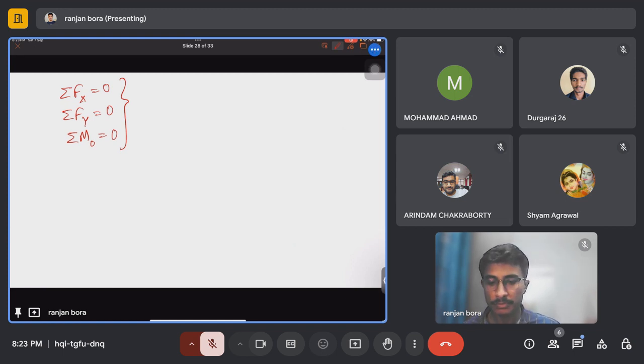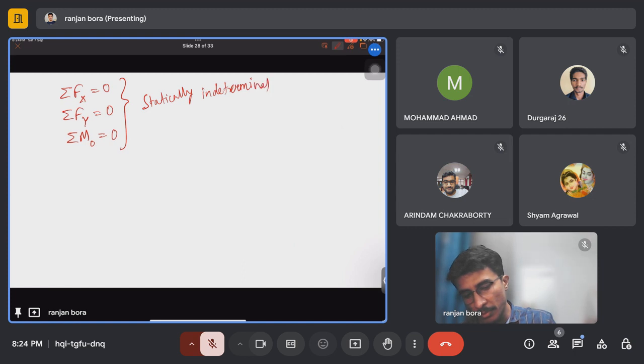So if the number of unknowns is more than the number of equations, that problem is known as a statically indeterminate problem. So this is an example of a statically indeterminate problem.